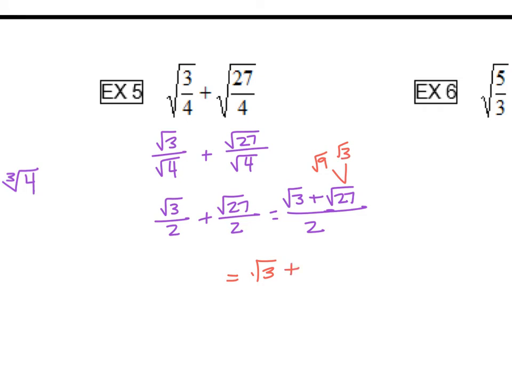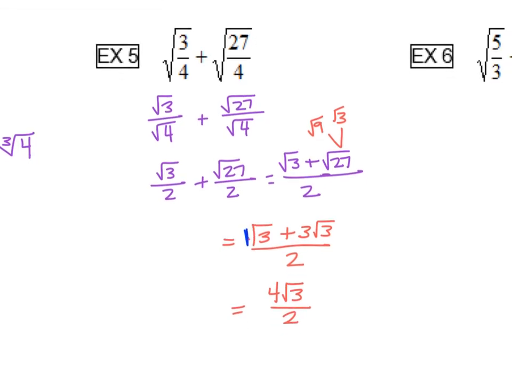Square root of 9 is 3, square root of 3. This is all still over 2. And then let's go ahead and combine the square root of 3 plus 3 square roots of 3. Remember, that's a 1 out front, and 1 plus 3 gives us 4 square roots of 3 all over 2.